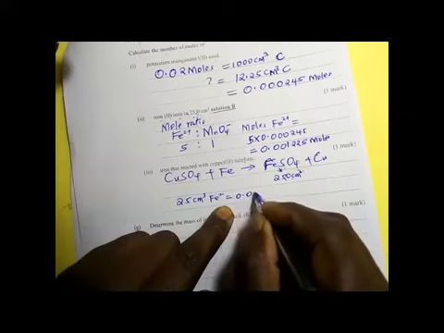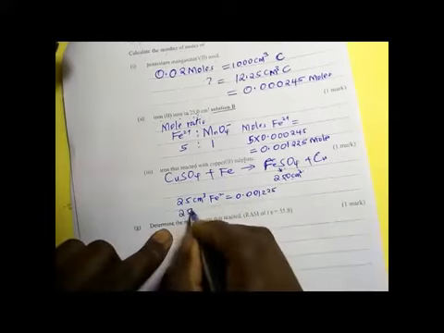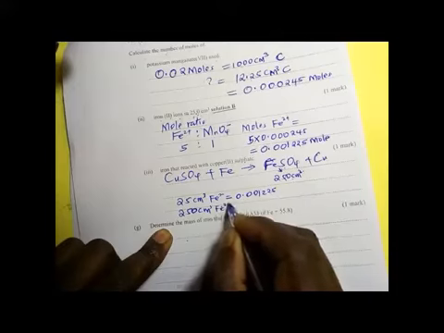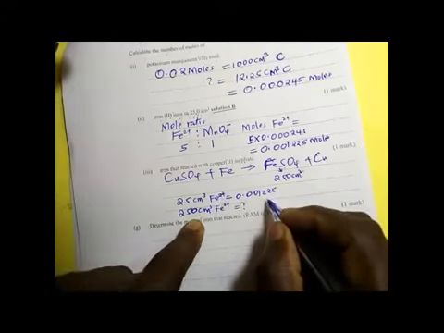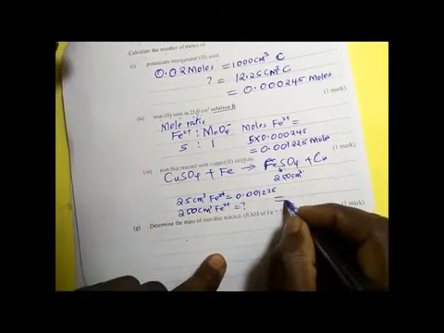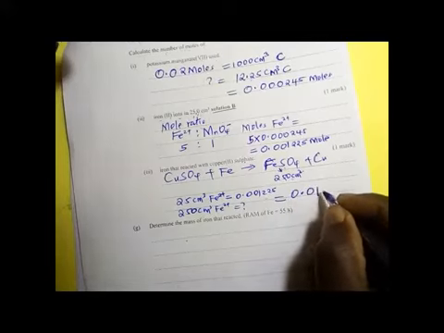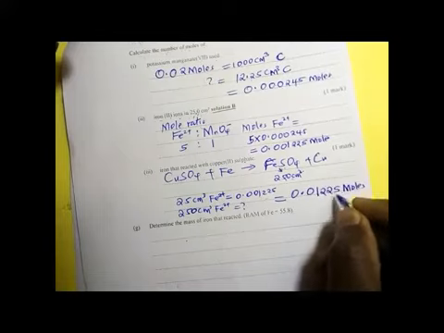This times this divided by this gives you 0.01225 moles.